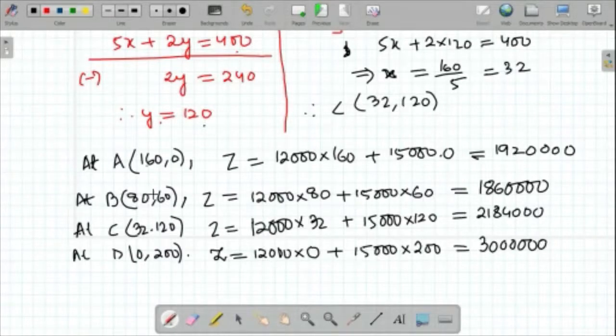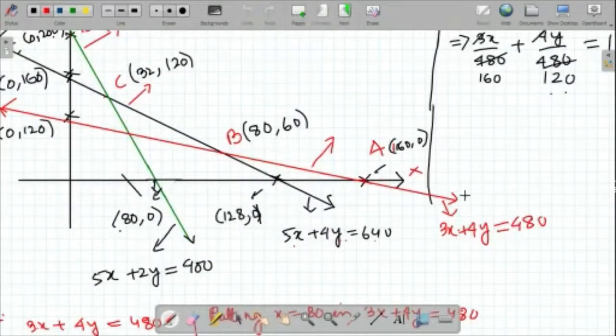Okay, now we have to find the minimum value, and where is the minimum value? So this one is our minimum. And what was the question?